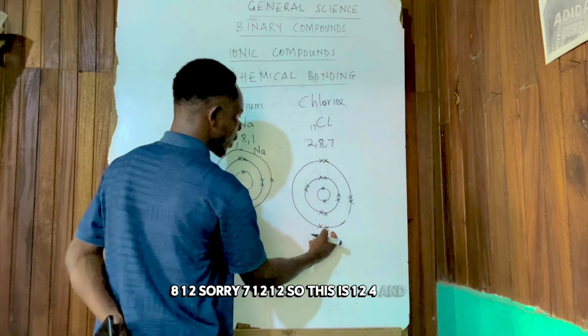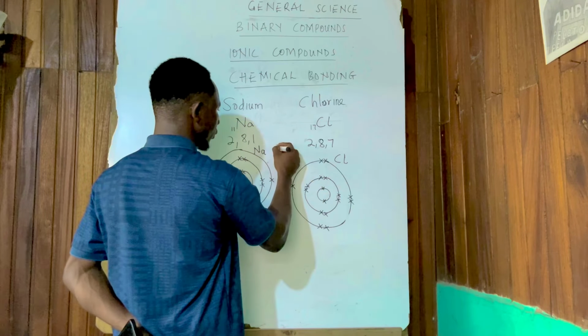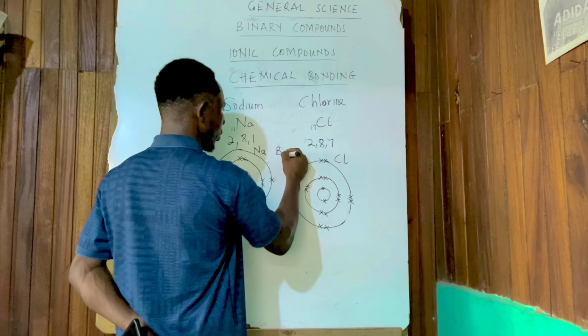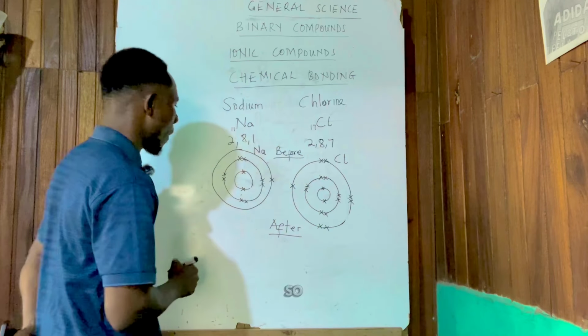So this is our normal chlorine. This is before they are bonding, and this one will be after they have bonded.